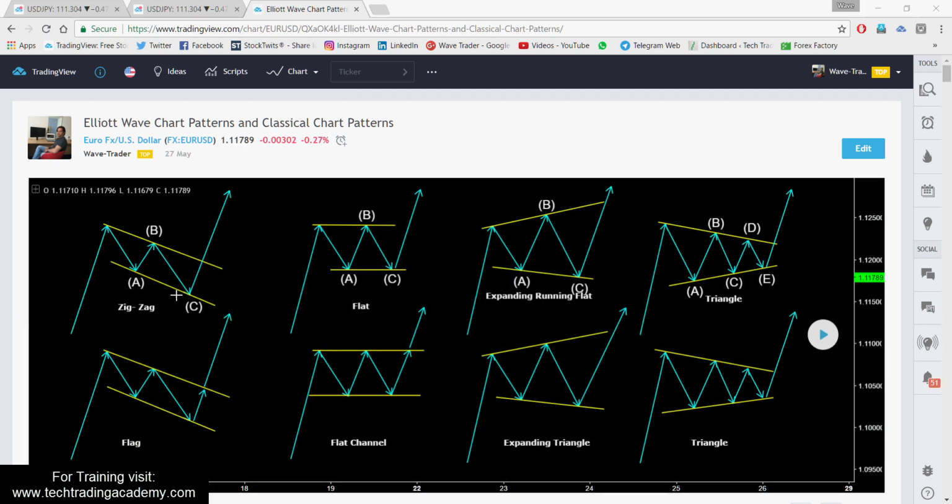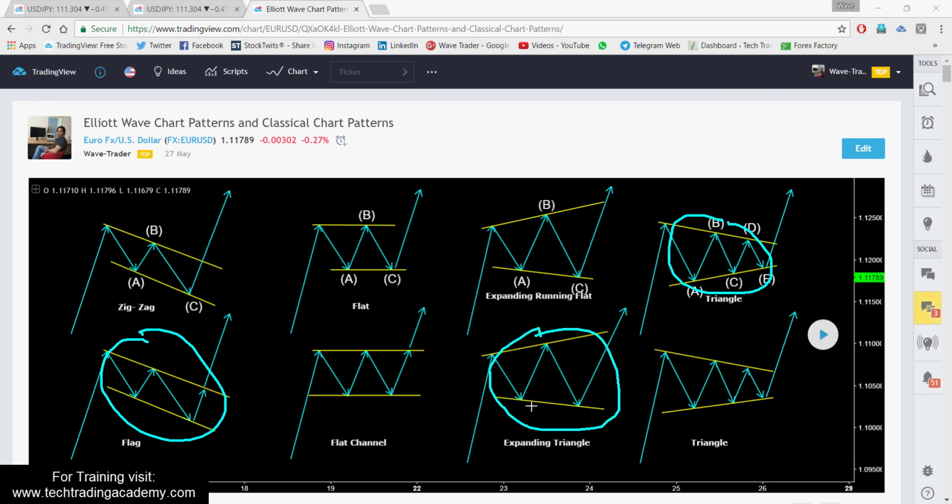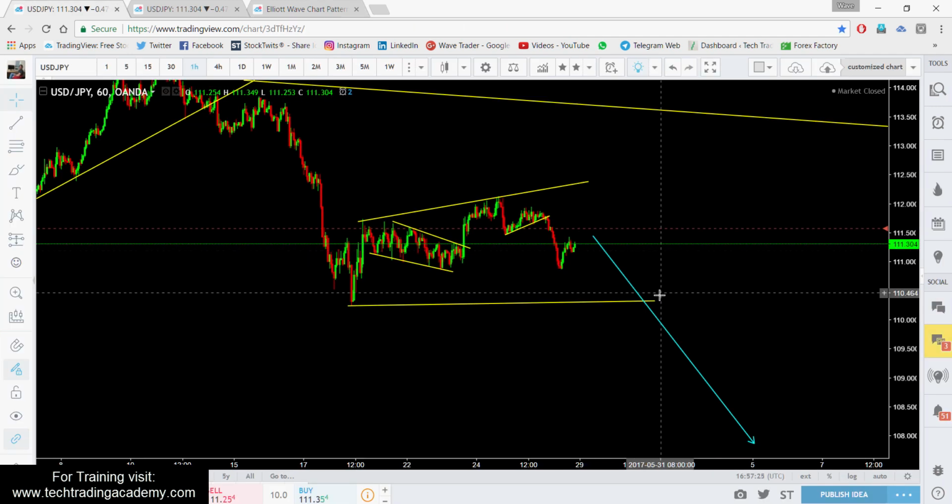Okay, currently we were having this kind of pattern formation, a triangular pattern formation on USD yen, and that triangular pattern formation can turn into this formation if price starts to rise. And if price is going to continue, then we're going to see this formation from the bottom, an expanding triangular formation, at this area.